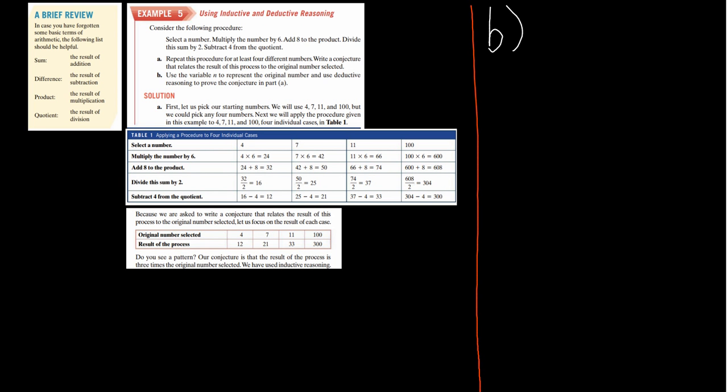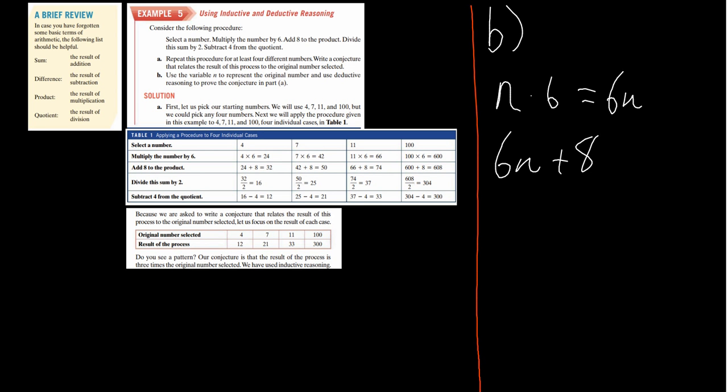All right, so we're going to start with the letter n. That's our number. We're going to multiply this number by 6, so n times 6, which we can rewrite simply as 6n. That's the first step. We're going to add 8 to the product, so it's 6n plus 8.